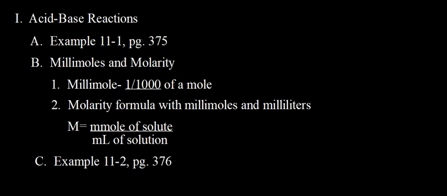Now take a look on 376 at example 11.2. This is a typical type of problem that we'll work on in this section, so read along with me. If 100 milliliters of 1 molar HCl and 100 milliliters of 0.8 molar NaOH solutions are mixed, what are the molarities of the solutes in the resulting solution?